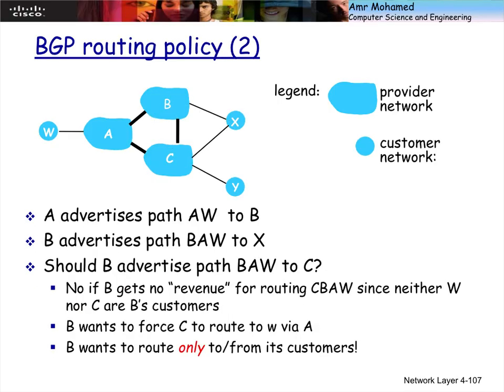Okay? So A advertises path AW to B, and B advertises path BAW to X. Should B advertise path BAW to C as well?